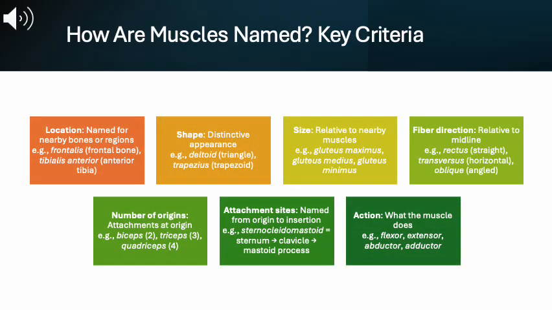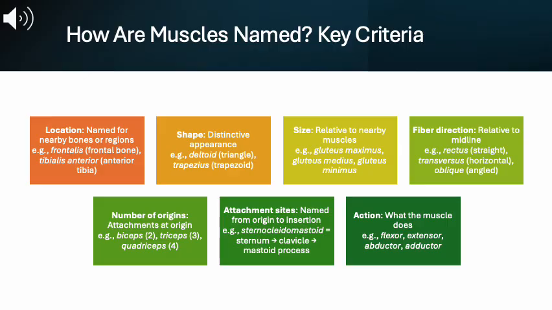Muscles are typically named using one or more criteria. They can be named by location. Temporalis lies near the temporal bone. Shape, deltoid means triangular. Size, gluteus maximus versus gluteus minimus. Direction of fibers, rectus equals straight, oblique equals angled.